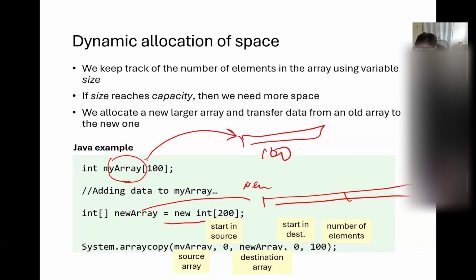Then I copy. That's a special method, or you can do it in a loop. It's exactly the same efficiency, because you need to actually go and copy every element from here to here. And after that, you can reset my array to point here.